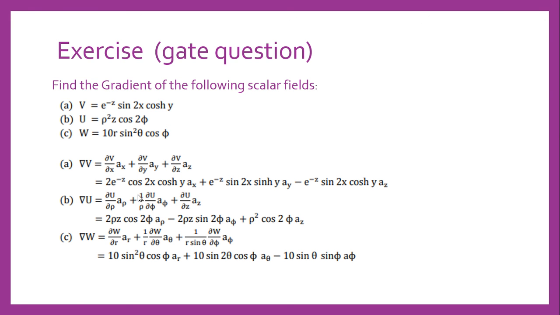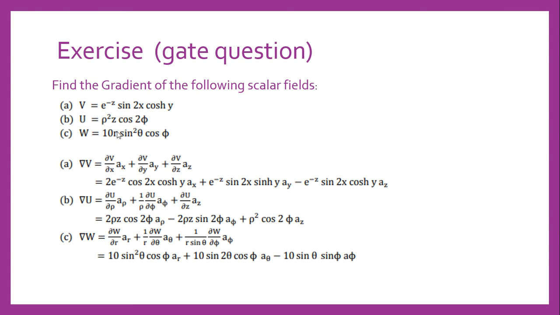With respect to phi, 1 by rho is already there, so you keep the 1 by rho. If you differentiate, cos 2 phi changes into minus sin 2 phi. For 2 phi you get 2, minus 2 into rho square by rho. One rho gets cancelled, so you get a single rho, minus rho sin 2 phi a phi. And with respect to z, you get rho square into cos 2 phi a z vector.